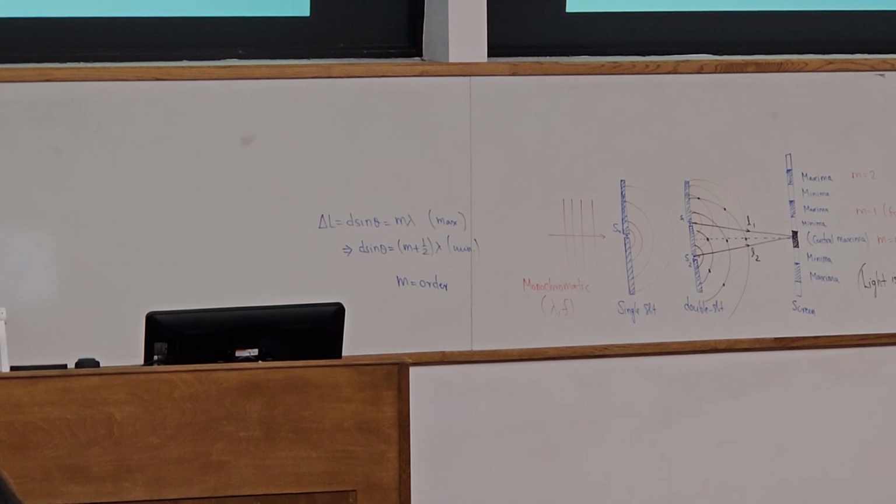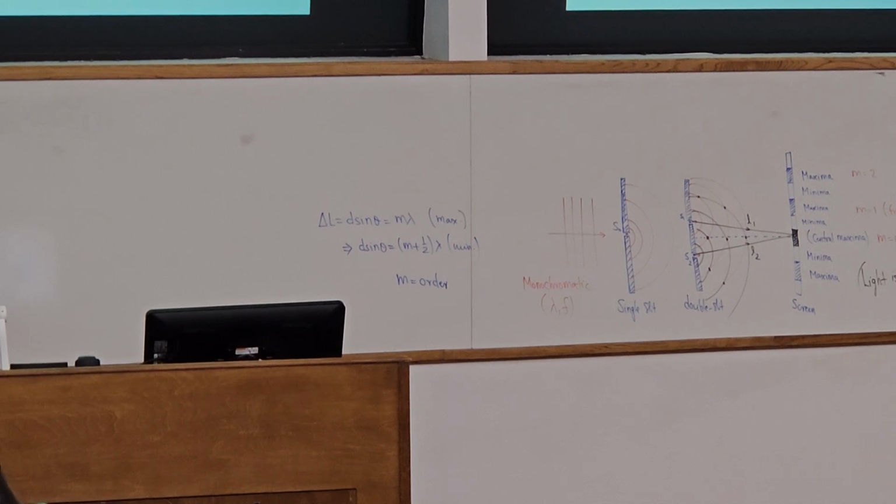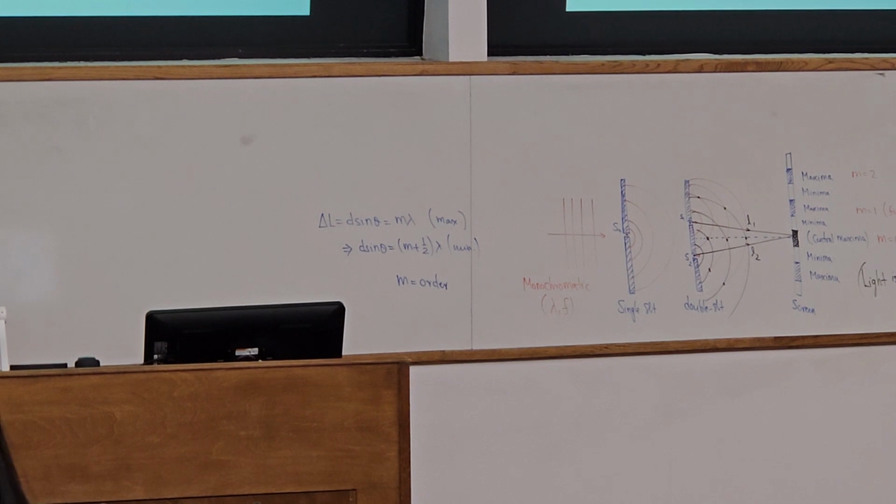Light is passing through S1 and S2, the double slit. Let me represent the light from the helium neon laser with a different color, and it's going this way.